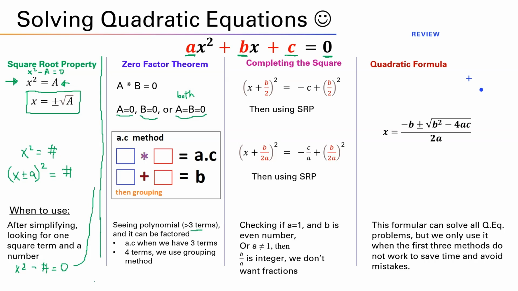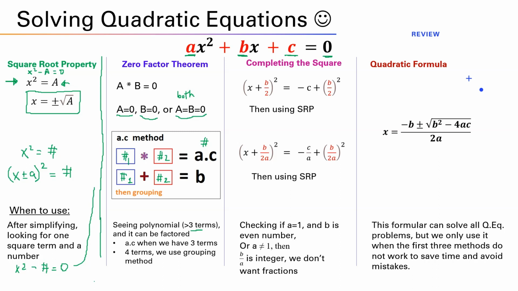We have to find 2 numbers, number 1 and number 2, whose product is equal to A times C, and that also add up to B. And then we group.